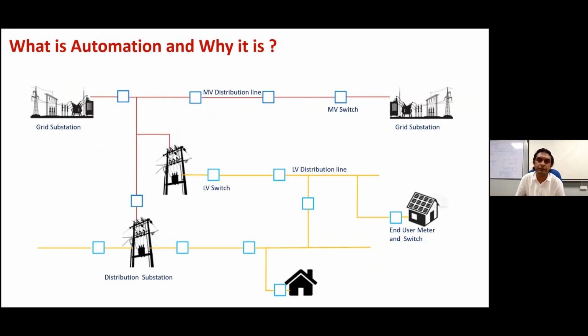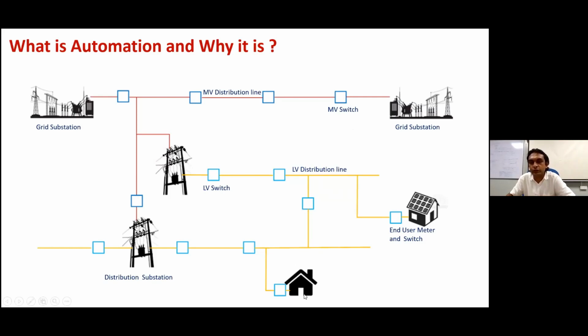Automation means we can integrate everything, switches and meters, to one central point, and we can monitor through here, and we can control remotely by gathering this data from one point. That is called automation. Then why? At the beginning, Mr. Prabath said there are so many advantages of automation. I am going to discuss only one of them.